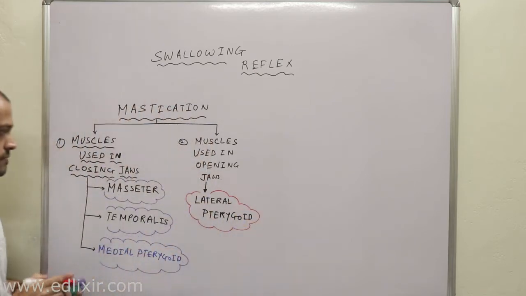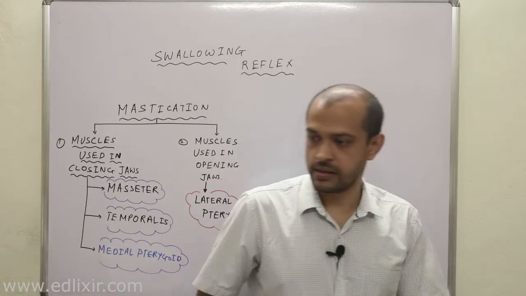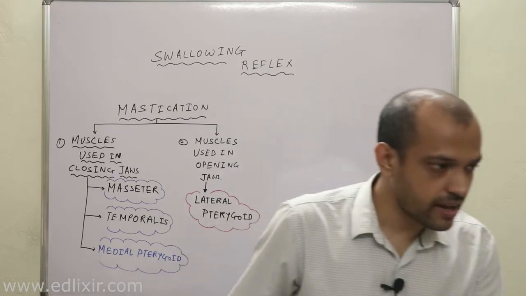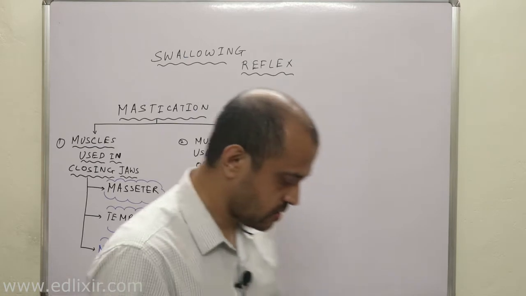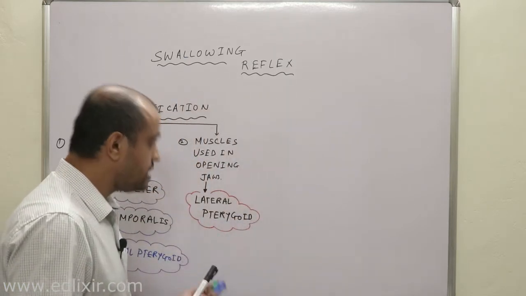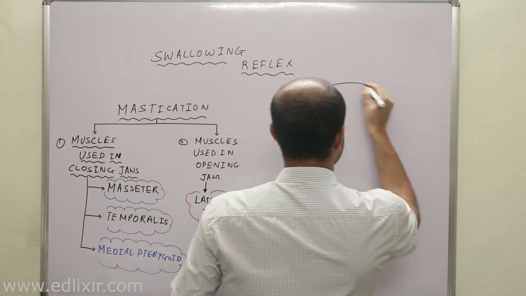The first thing you need to understand right now is that while chewing, a reflex arc is actually working. Now what is that? Now listen. If I have to draw this skull, I can draw it like this.